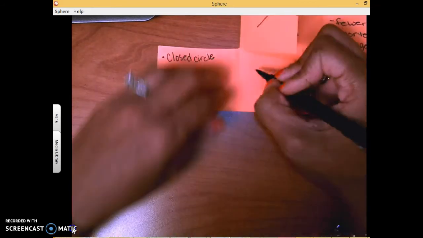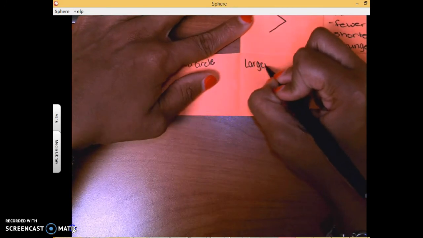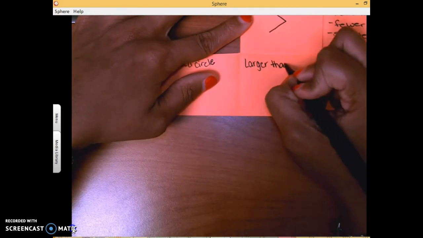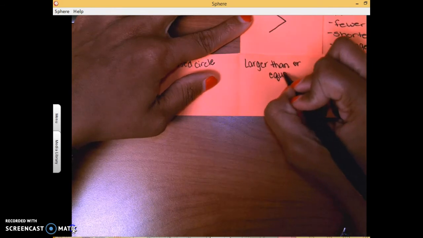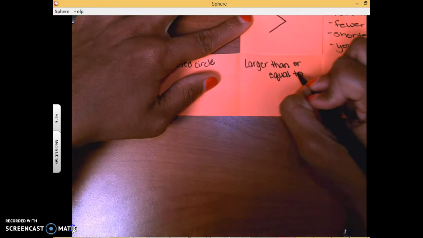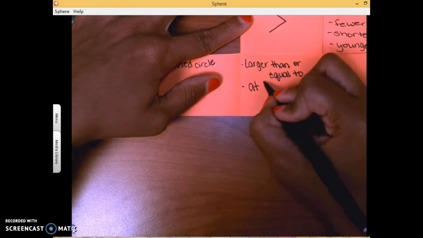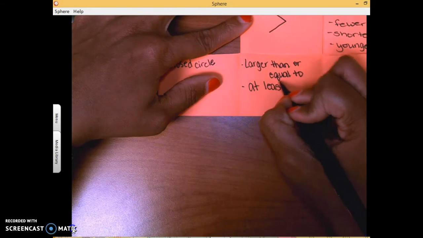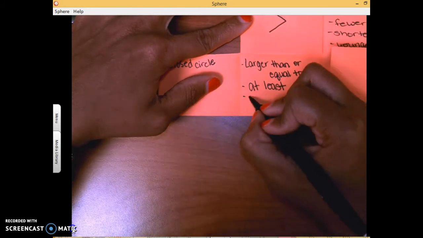Okay, so what about larger than or equal to? A common one is at least. The minimum.